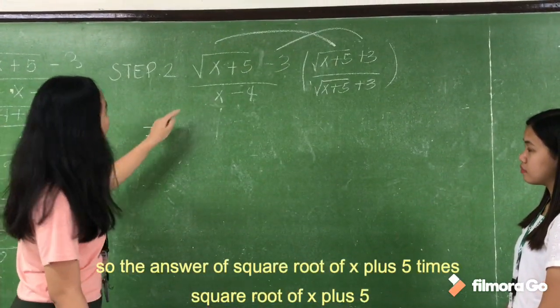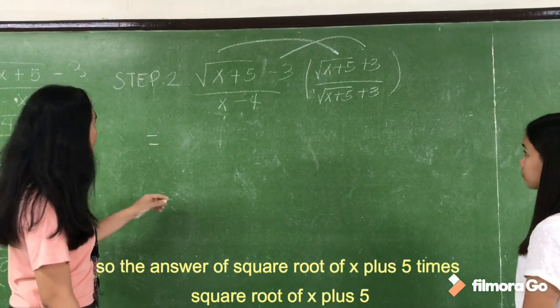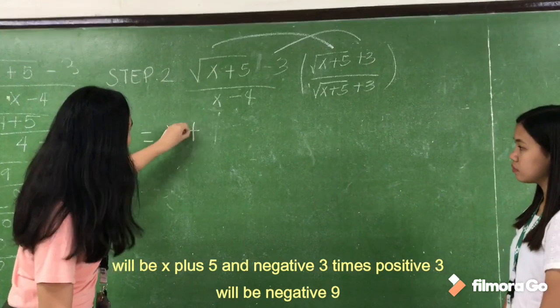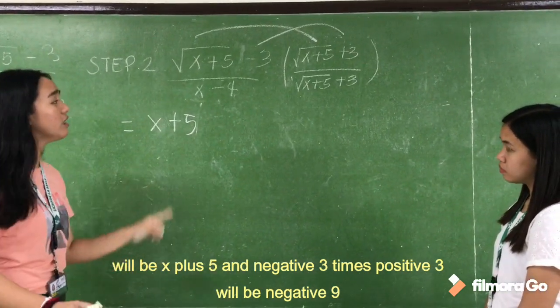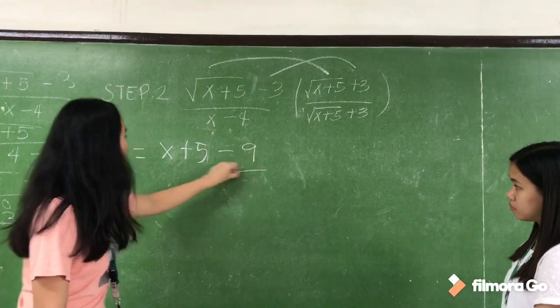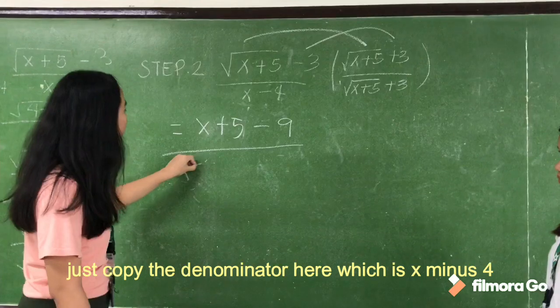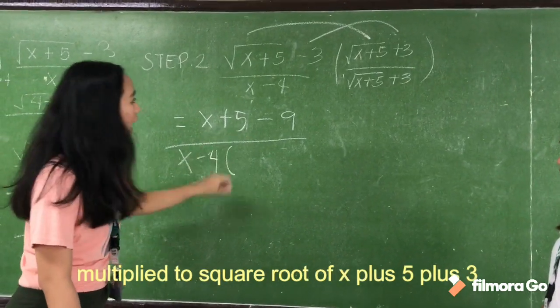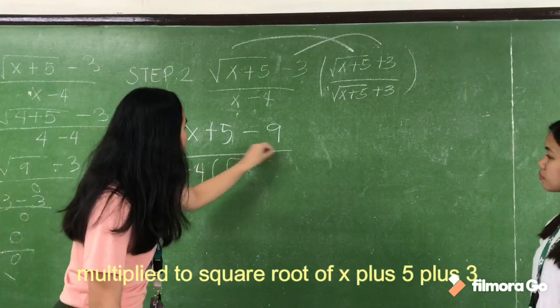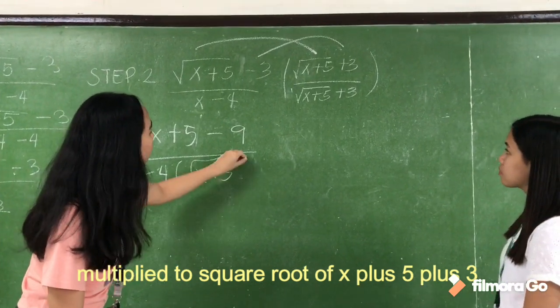So the answer of square root of x plus 5 times square root of x plus 5 will be x plus 5, and negative 3 times positive 3 will be negative 9, over, just copy the denominator here, which is x minus 4, multiplied by square root of x plus 5 plus 3.